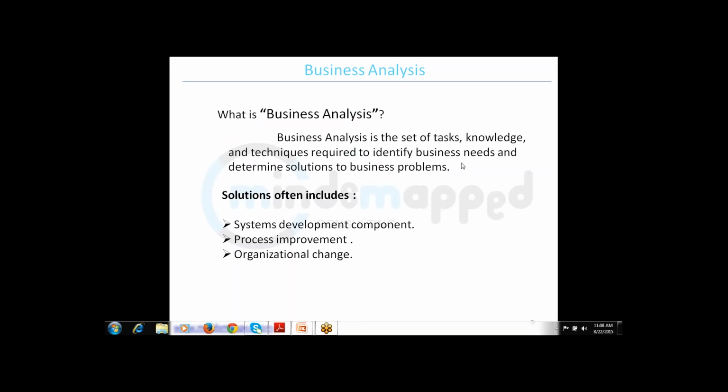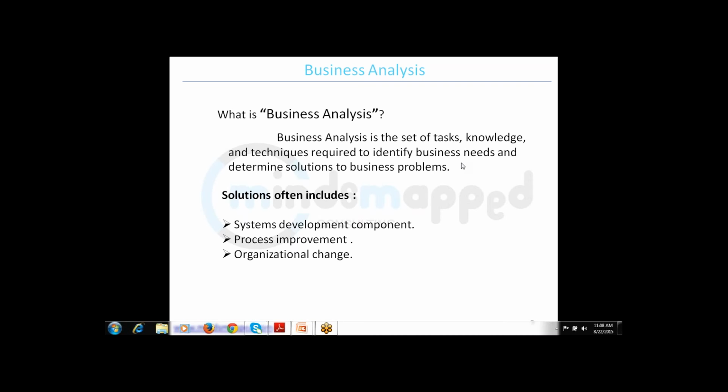Now, let me make a case for why we need business analysis. There are various research reports that have been published saying that almost 90% of projects fail, and the main reason they fail is that the business needs were not understood properly.